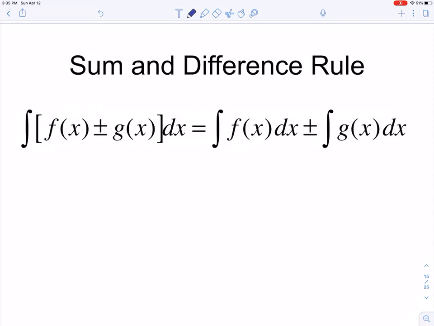Okay, and then just like we had sum and difference rules for differentiation, we also have sum and difference rules for integration. So let's say that we're integrating a polynomial function like 3x squared plus 2x minus 7. We could think about integrating each term with respect to x.